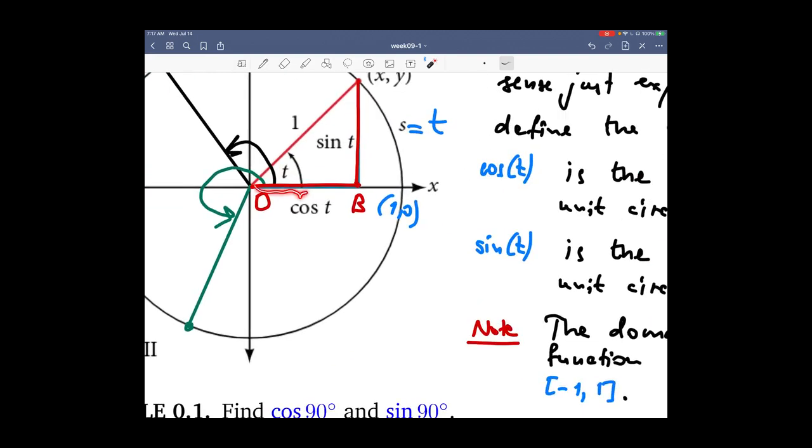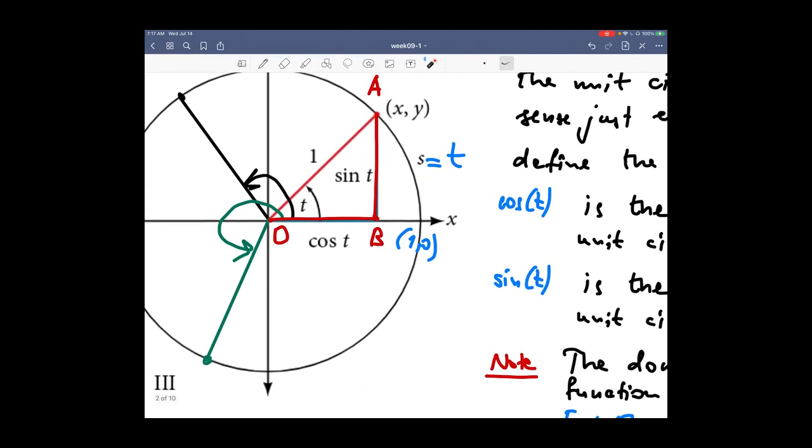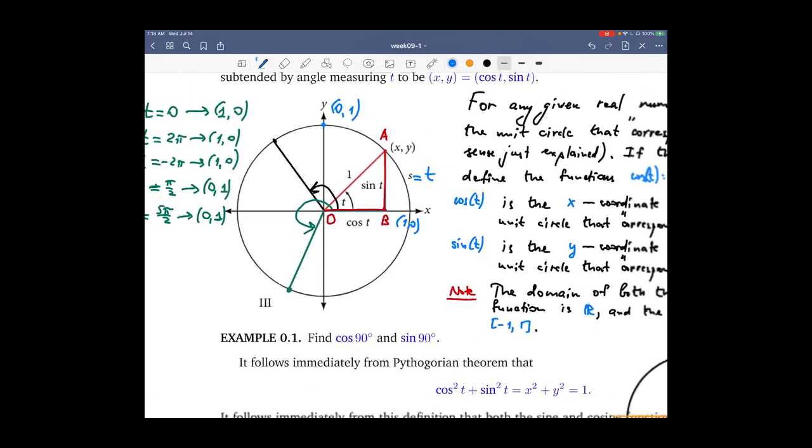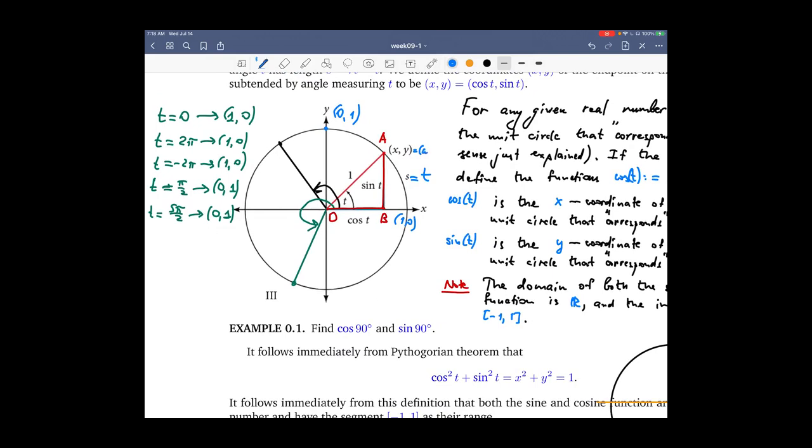The leg OB is the x-coordinate of this point, point A, and by our definition of cosine t, it's also cosine t, because x is cosine t. The coordinates of this point, (x, y), are (cosine t, sine t). I didn't mention it before, but maybe I can mention it now.